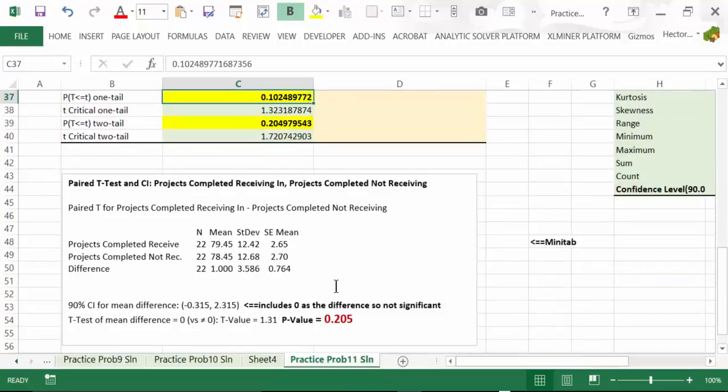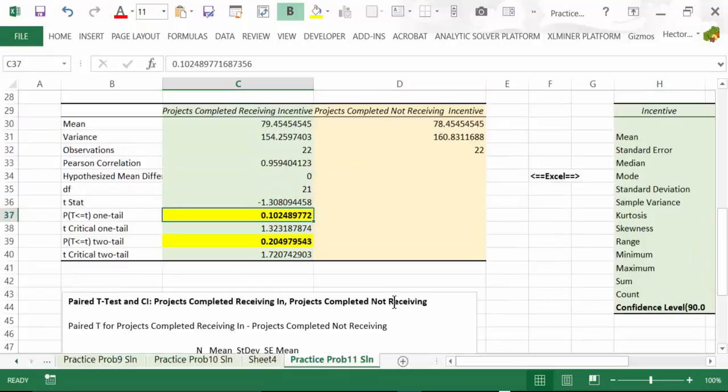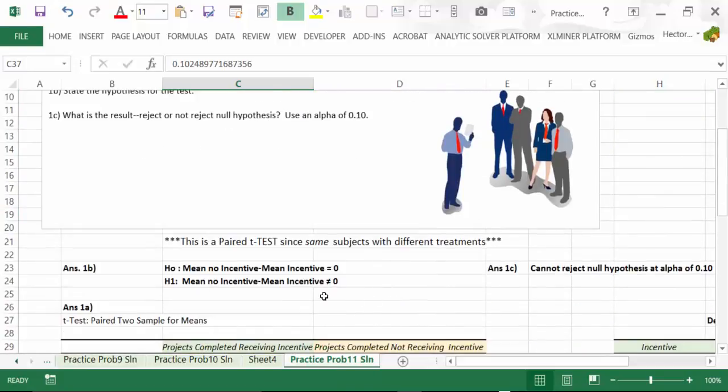I did the same test here with Minitab, and I get very similar results. This is a two-tailed test that we see here. In this case, we state the null hypothesis is that the mean for no incentive and the mean for incentive are equal, in other words, the difference between this mean and this mean is equal to 0.